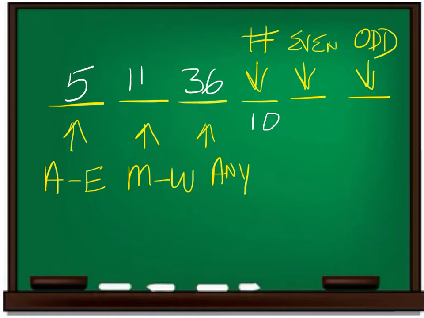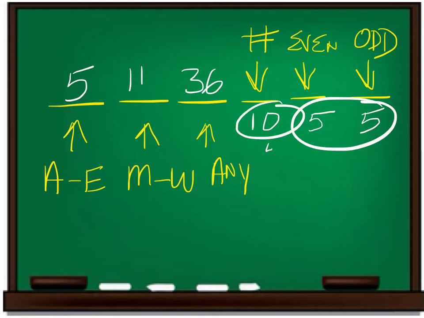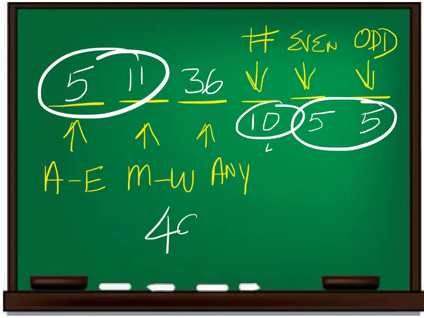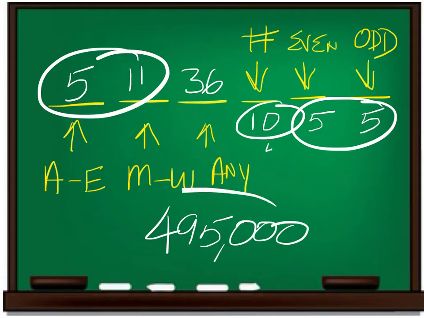So it is 5. And then odd, how many odd numbers? 5. So you can have 25 and 10 is 250. 250 times 55, and then throw in a times 36 and come up with 495,000.